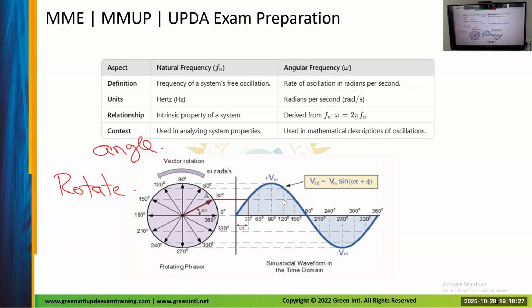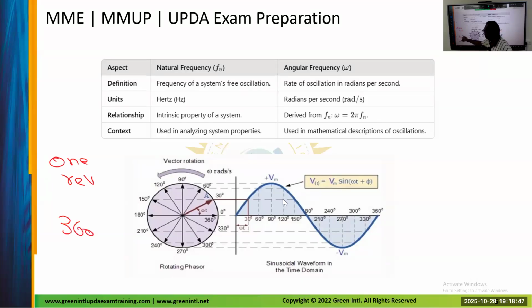For example, one complete rotation of the tire gives one complete cycle. Here we say one revolution. One revolution means 360 degree. Here we are using it in terms of a mechanical quantity.